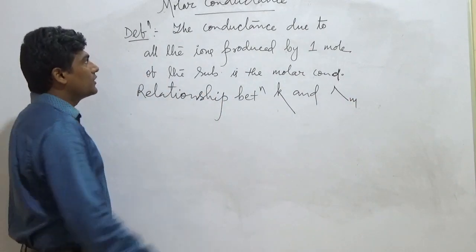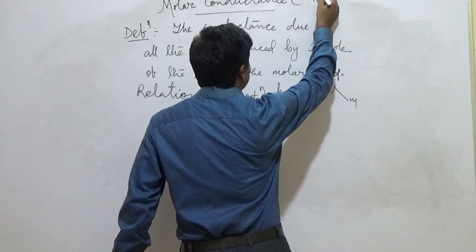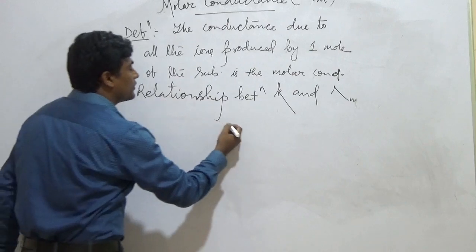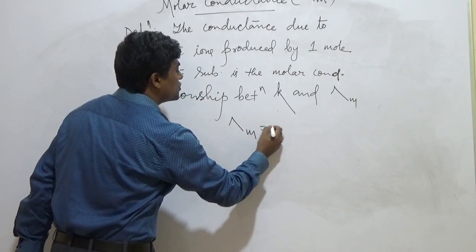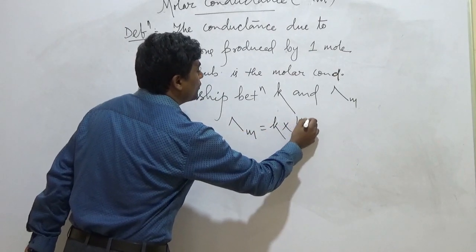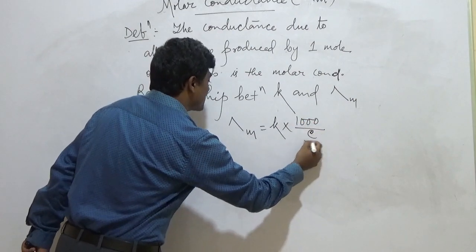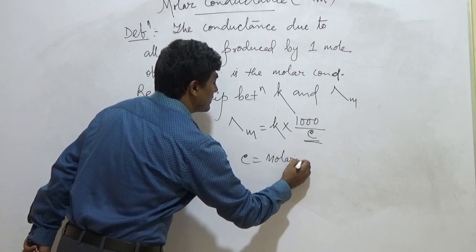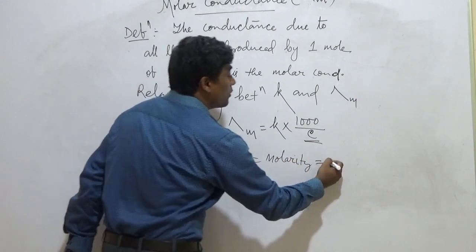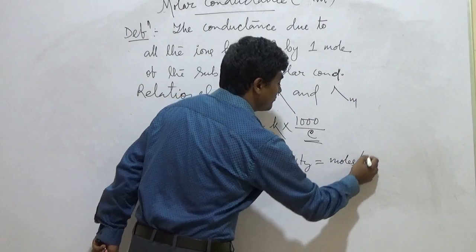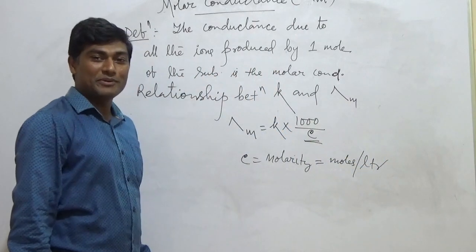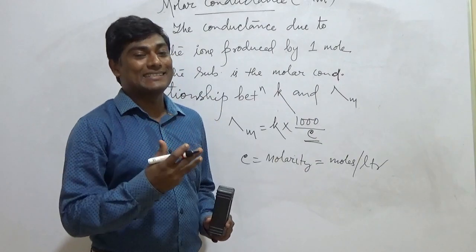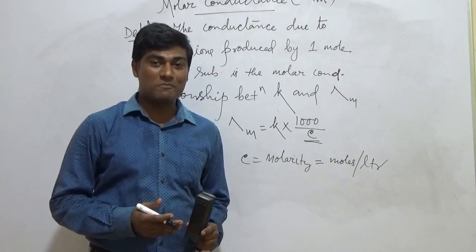You write molar conductance like this, lambda m. The relationship will be lambda m is equal to kappa into 1000 by C, but this C is now molarity. So the concentration term implies moles per liter. Are you getting that? So this is the relationship between the molar conductance and the specific conductance.